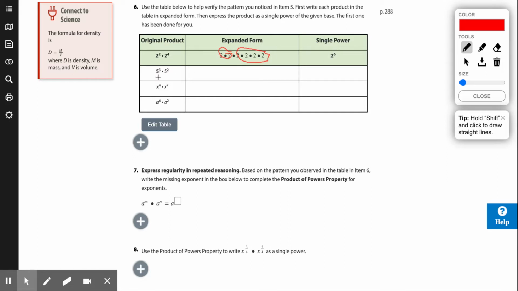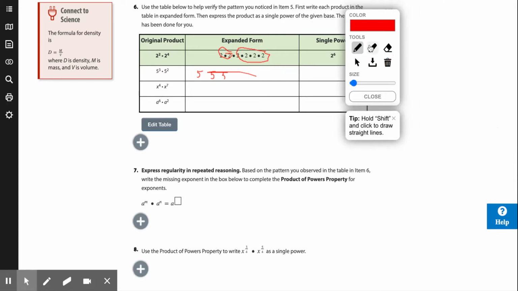So, like here, 5 to the third power times 5 to the second power. Well, that's 3 5's being multiplied together, times 2 5's being multiplied together.